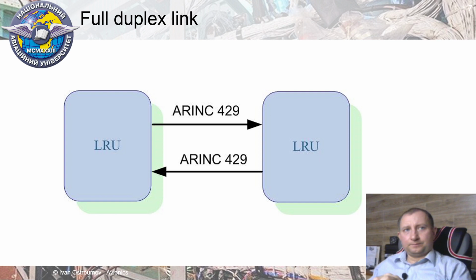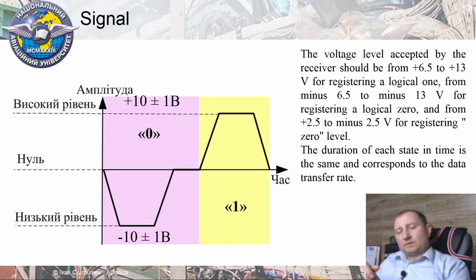At the signal level, you remember that data transferred in data words is binary. It means that we have a sequence of logical ones and logical zeros.